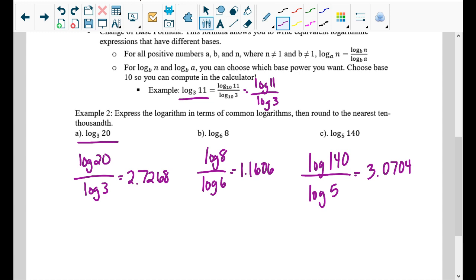And with these logs, I'd recommend going out to 4 decimal places when rounding these values. Most of them are not very big, so going out to 4 values will give us a good estimate on that value. And those are your notes for section 6, day 2.